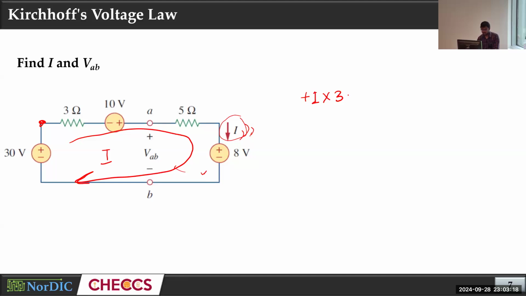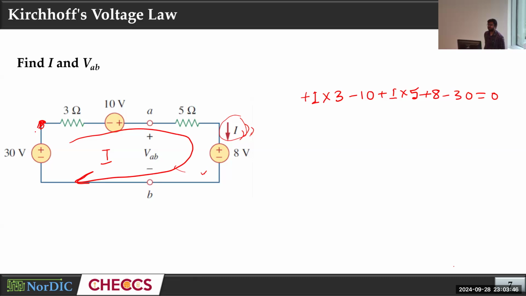Then we have, what should we write? Minus 10. Then plus I times 5, then plus 8, then minus 30, then equals 0, because you have ended up at the starting point.